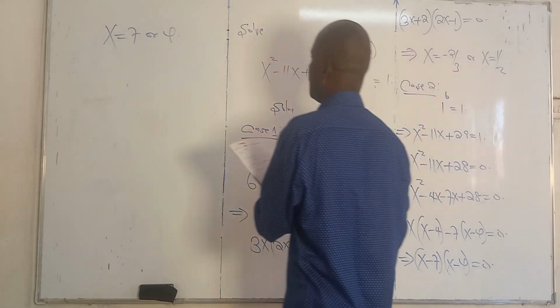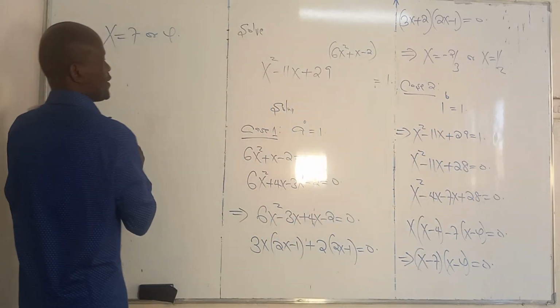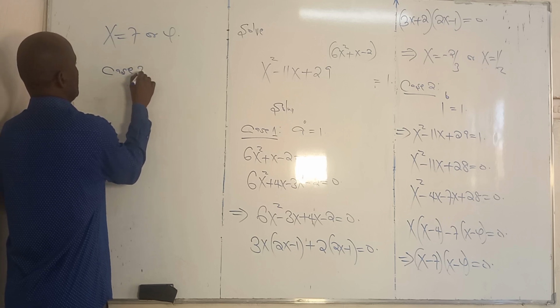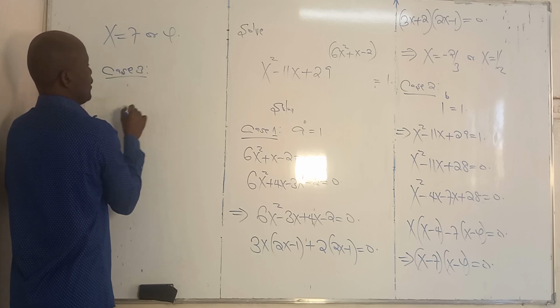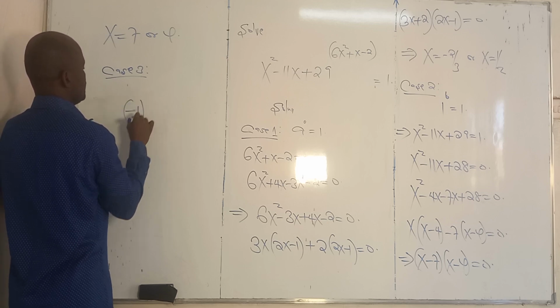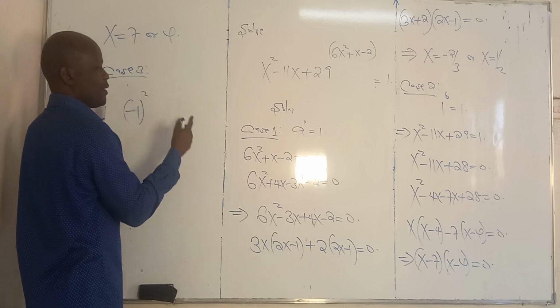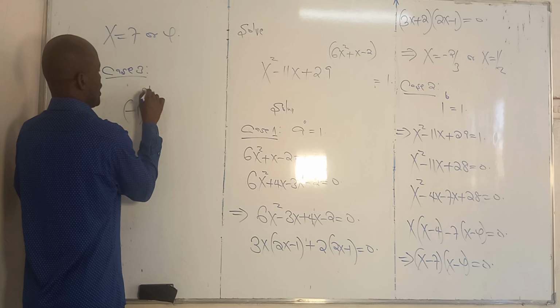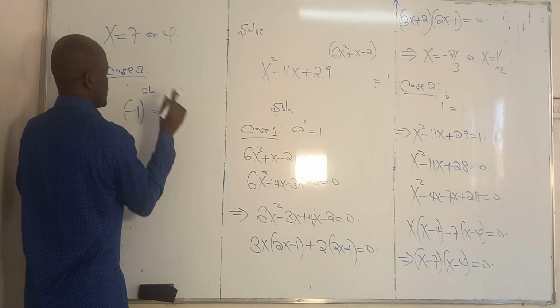This is case 2. So case 3 is where we say c minus 1 squared is positive 1. So we give it a b to allow it to become any value that we want.